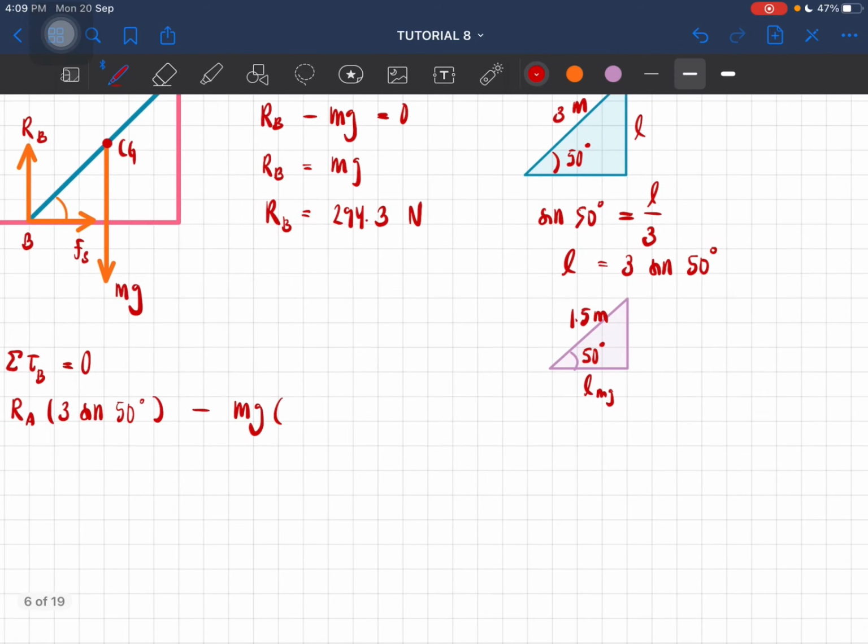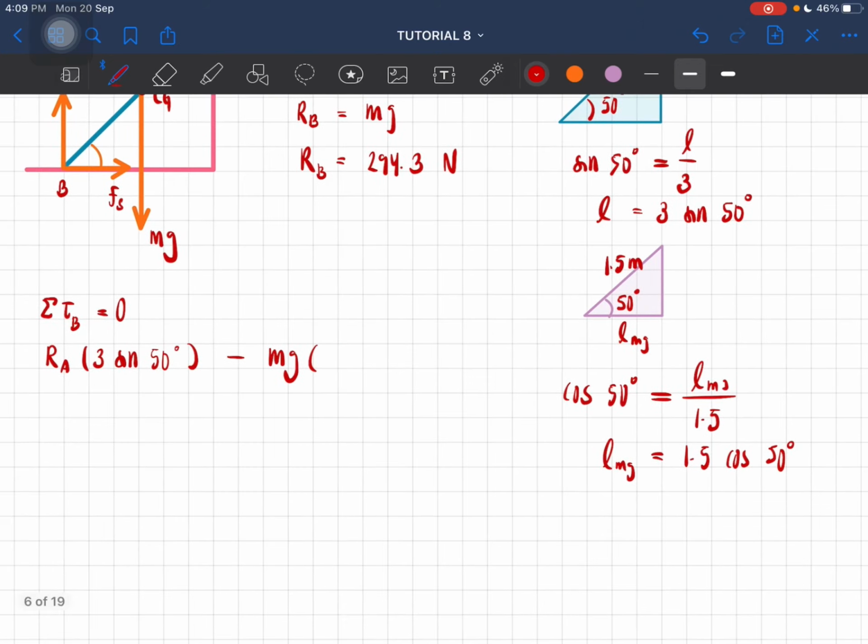Okay, so what angle can we use is we can use cosine. So cos 50 degree equal to adjacent over hypotenuse, which is LMG over 1.5. So basically the perpendicular distance is 1.5 cos 50 degree.